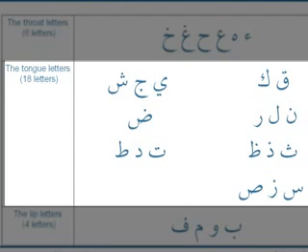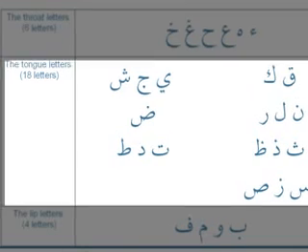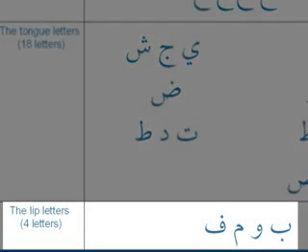The tha, dhal, and dha come from one area, the ta, dal, and ta come from another area, all together. The sin, the za, and the sad all come from one area. Then the lip letters, i.e. the letters that require the lips to be involved, are the ba, the waw, the mim, and the fa.